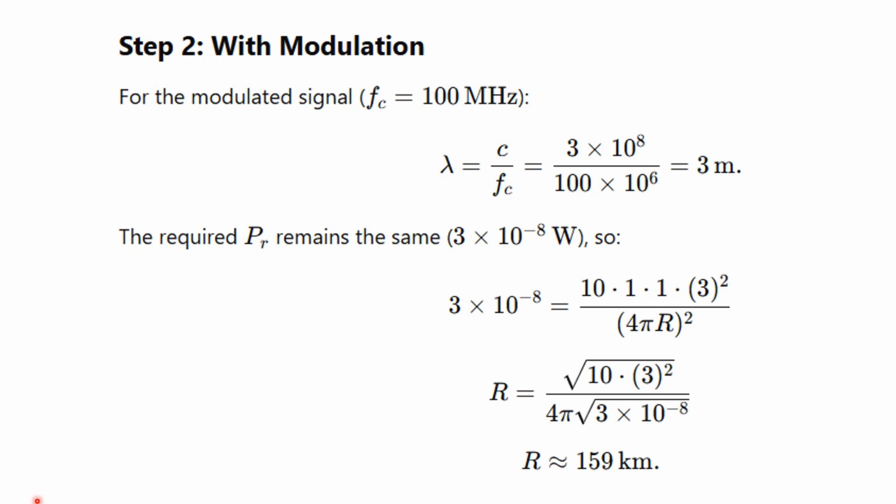In the previous slide we saw 4.6 kilometers, and now it is 159 kilometers. So a huge difference takes place when we modulate the signal from 3 kilohertz to 100 megahertz. This is another serious advantage of modulation, which is the heart of the modern communication system.